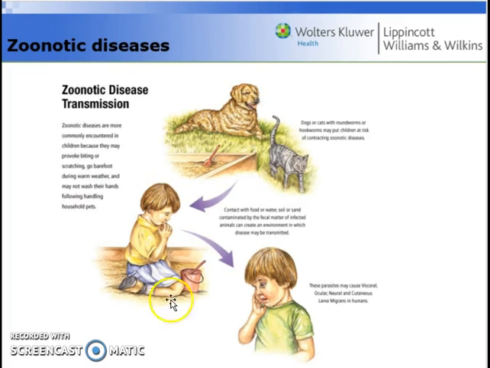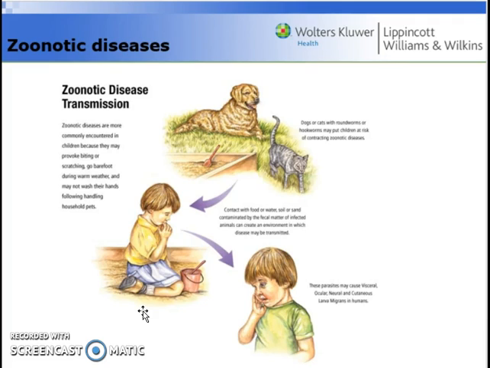You could have a little kid that's just out playing outside, and kids are definitely more prone to spreading infectious diseases than adults are because of their hygiene habits. Kids play outside, kids don't wash their hands all the time, kids put their hands in their mouth, they are constantly touching things, and all these inanimate objects or animals that children come into contact with can easily cause the child to pick up an infectious agent.